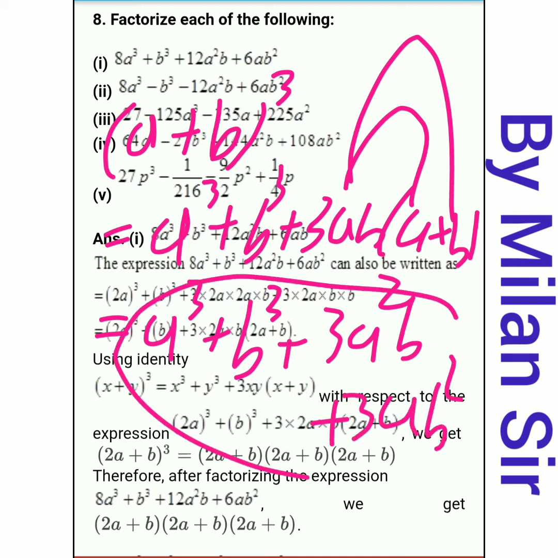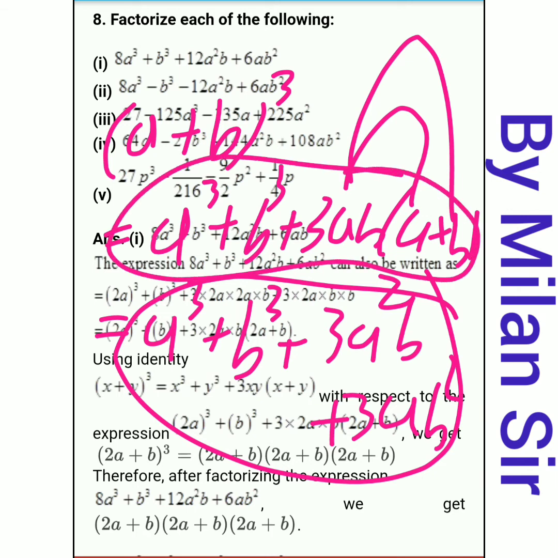So this form is given in the equation: a cube plus b cube plus 3a square b plus 3ab square, right? So first of all, we need to convert our equation into this form: a cube plus b cube plus 3ab in bracket a plus b. After that, we can write this answer as a plus b all cube. Okay.